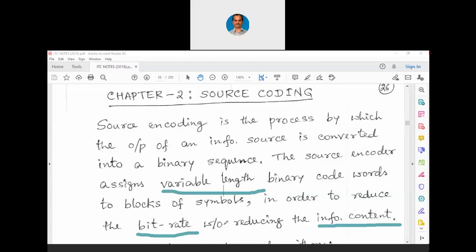So the bit rate will be reduced. When the bit rate is reduced, in the same channel more communication purposes can be achieved. That is the idea. Anyhow, this is again a revision of whatever we had discussed in the beginning.